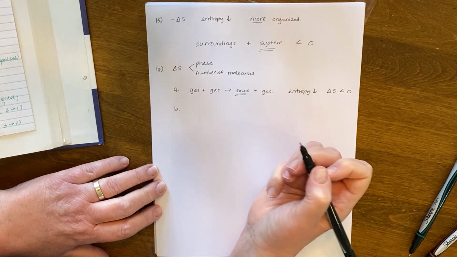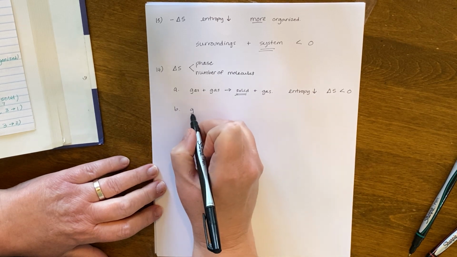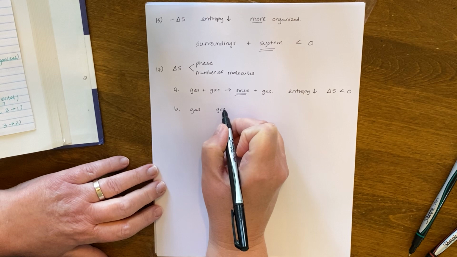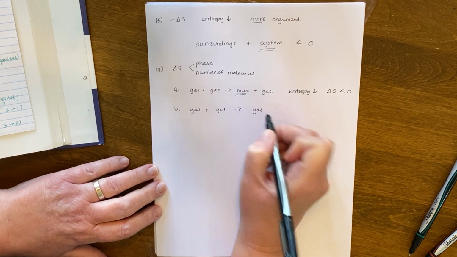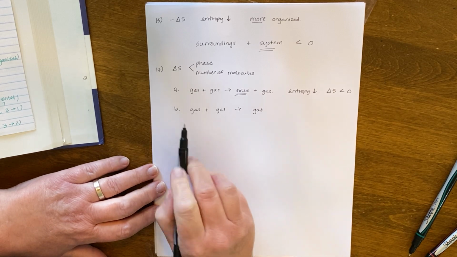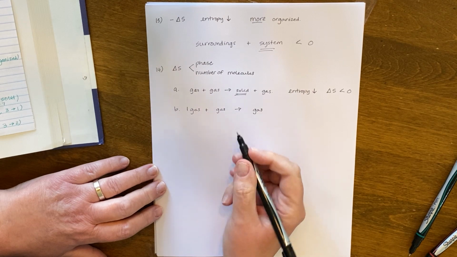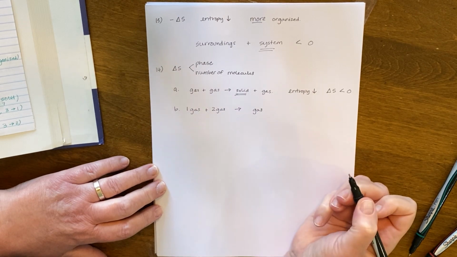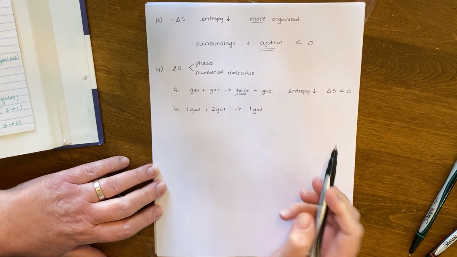Okay, letter B, we have a gas plus a gas yields a gas. So all the phases are the same. So this isn't really helping us to look at phase, but I have one gas molecule here, I have two gas molecules here, and I'm producing only one gas molecule.